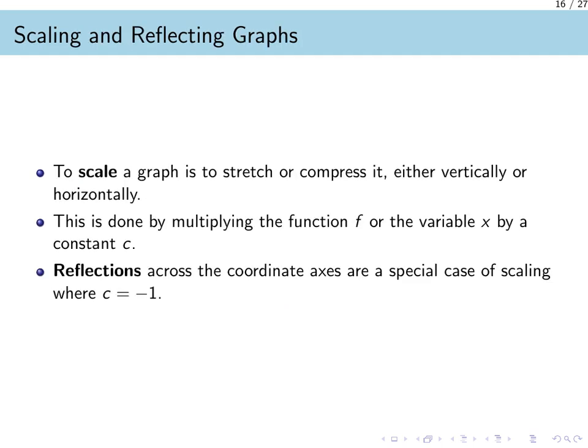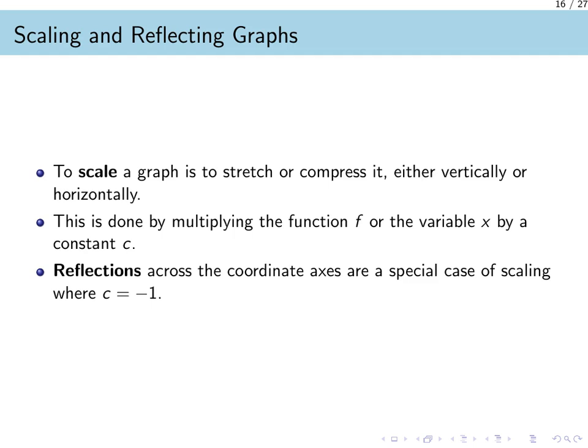Now that we have seen how addition shifts a graph, let us explore how multiplication can change its shape through scaling and reflecting. Scaling a graph means to either stretch or compress it, which we can do vertically or horizontally. This is accomplished by multiplying either the entire function or just the input variable x by a constant.